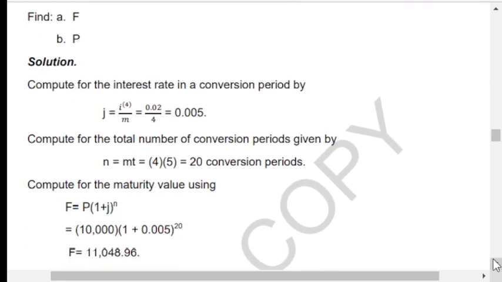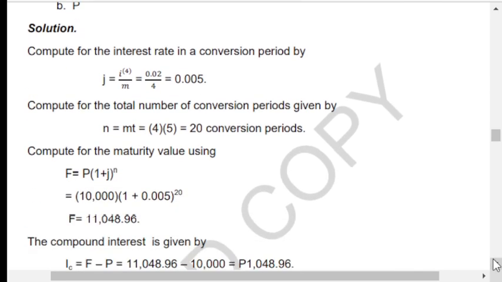But before that, we are going to find first the j and the n. So, what is the shortcut of the formula? Your F is equal to P quantity 1 plus j to the power of n, wherein your j is j sub 4 over m.